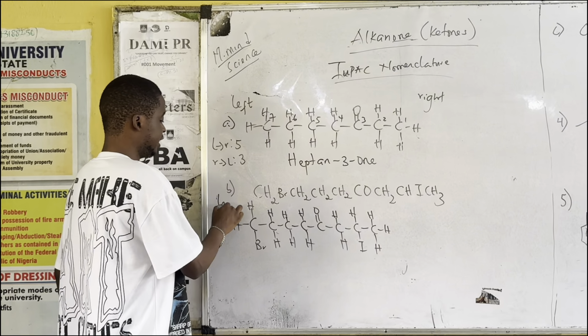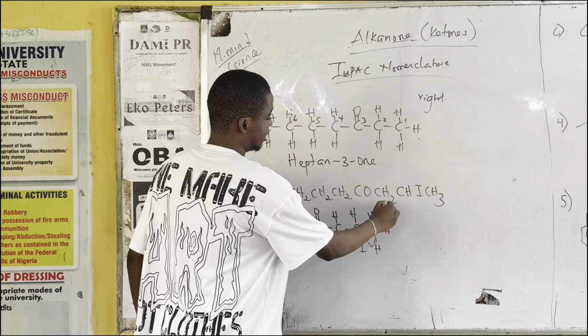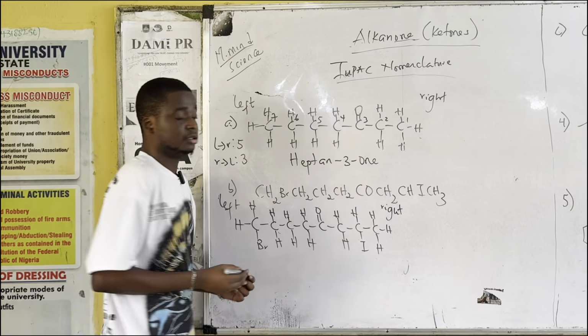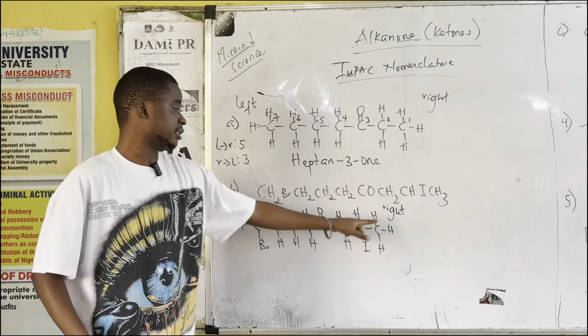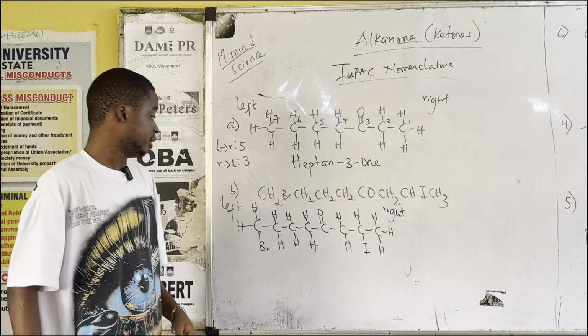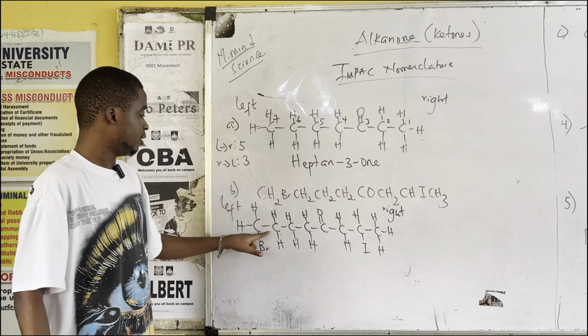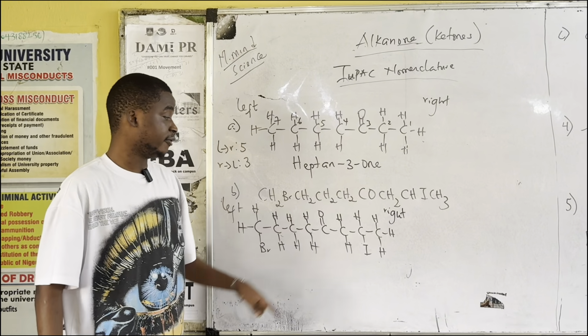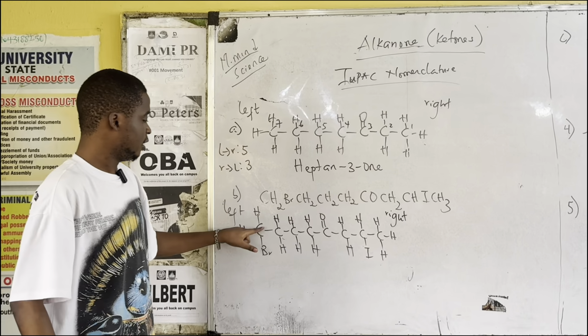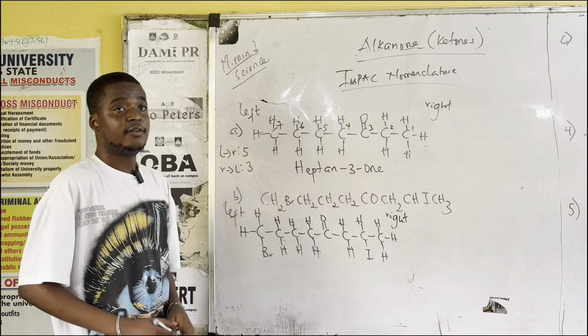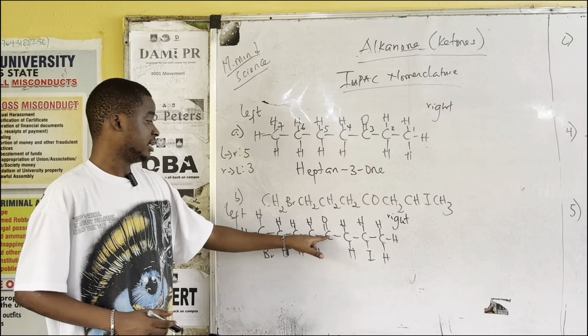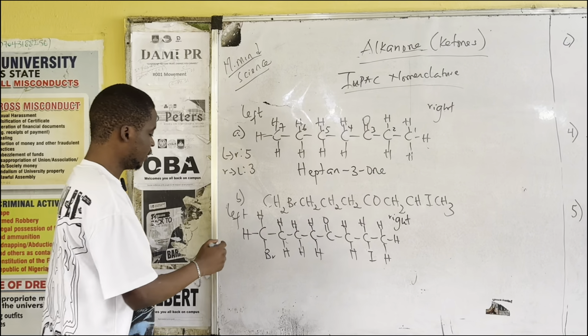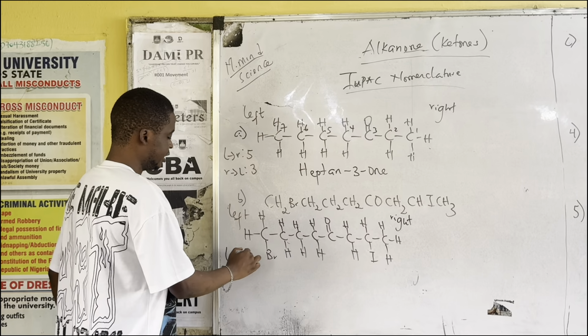This is the left hand side and this is the right hand side. Now from left to right, let's see the position that this carbon takes. So we have 1, 2, 3, 4, 5. Count again. 1, 2, 3, 4, 5. From left to right, that carbon that has double bond takes number 5.